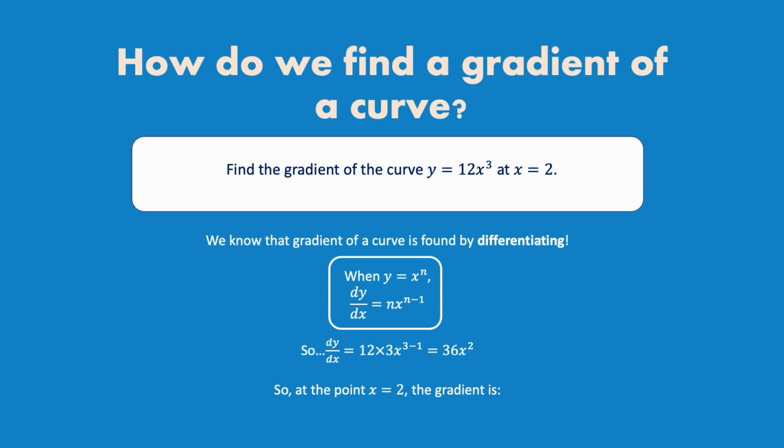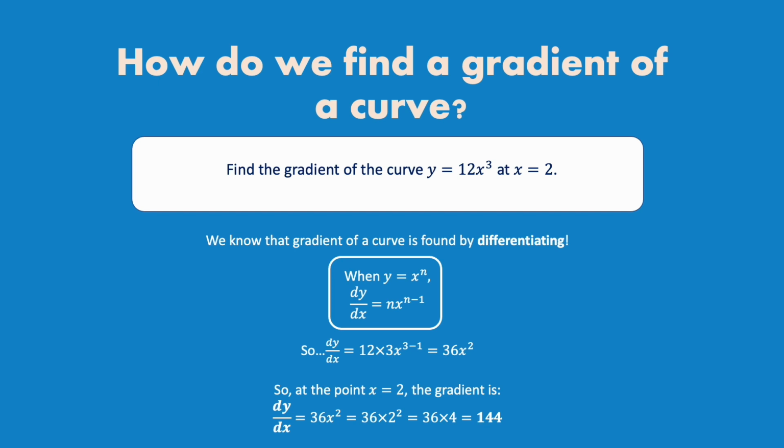So when they then say find the gradient at point x equals 2, all we need to do is substitute into that equation x equals 2, because then that will pinpoint the gradient at that point and give you an outcome of that gradient at x equals 2. So in this case we substitute it in and we get 144 as our answer.